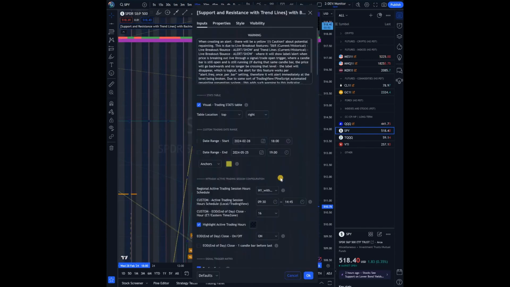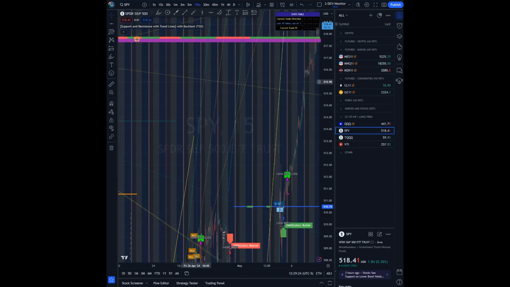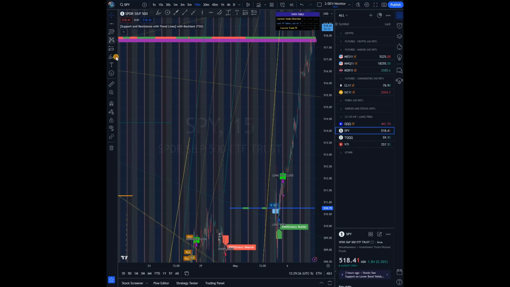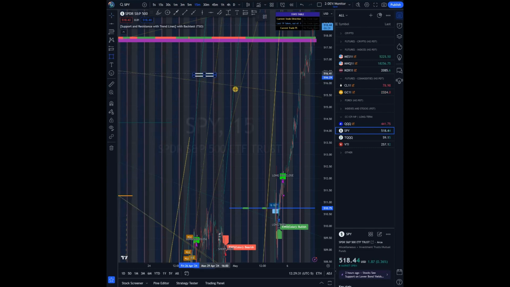What does that mean? I set it to 10 days. Basically, consider this as a road, and this is how many days the levels are valid. So 10 days is going to be this rectangle. This is 10 days.